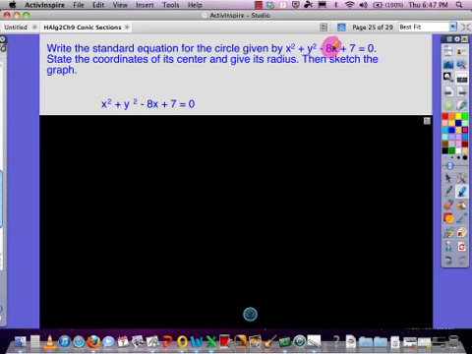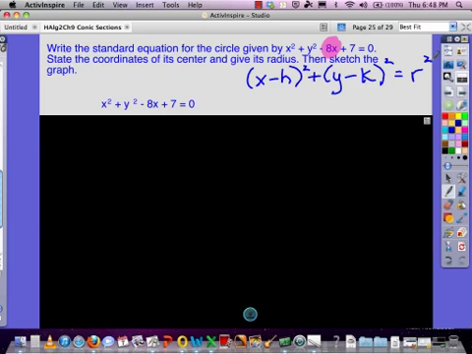Well, right now we have to assume that we're probably going for something in the form of (x - h)² + (y - k)² = r², the radius squared. If we don't go under that assumption, then we have to say it's centered at 0, 0. Until we can prove that it is or isn't, that's what we're searching for.